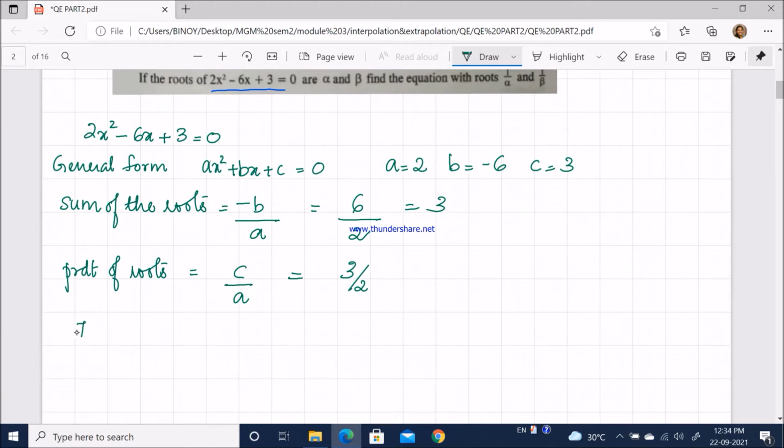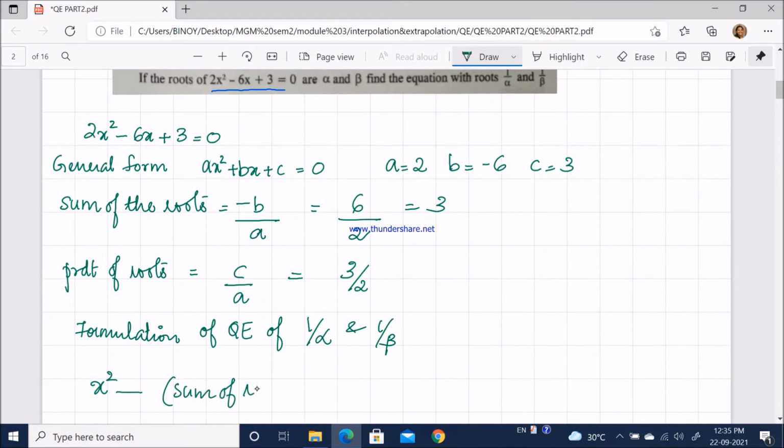So the formation of the quadratic equation with the roots 1 by alpha and 1 by beta is x square minus sum of roots into x plus product of roots equals 0.